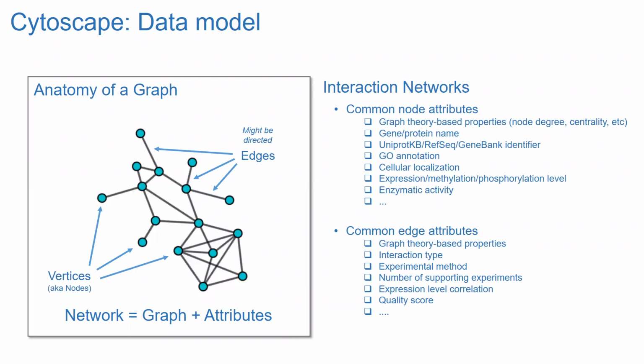So is the edge corresponding to direct contact between two proteins, or just presence in the same complex, or is it a genetic interaction, or is it just correlation of expression? So we can hang all this information on individual edges.